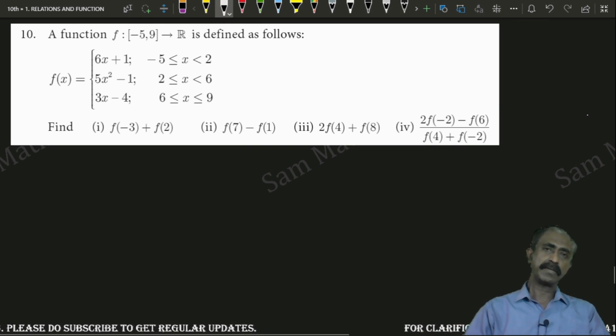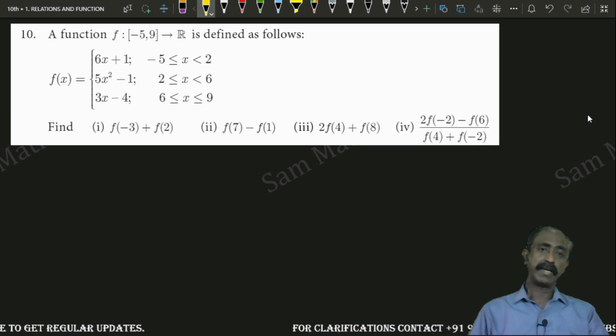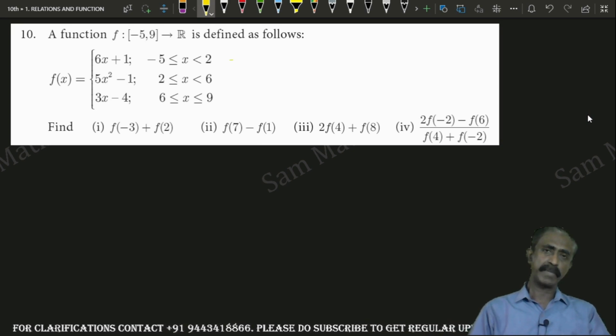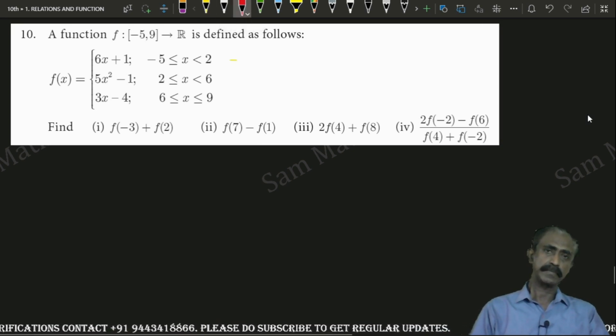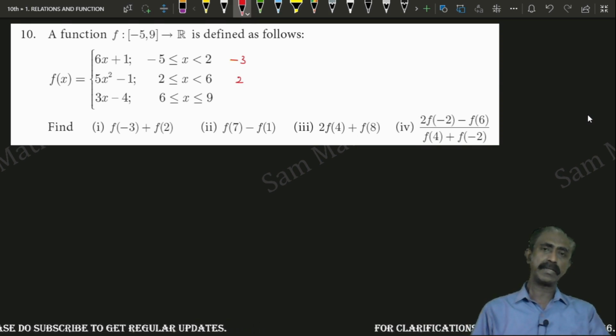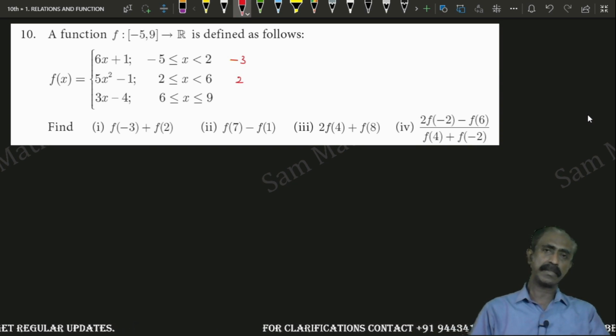Now, I am just going to indicate where the required values are situated. For the first one, I need f of minus 3. Minus 3 is in the first interval. 2 is in the second interval. Then second part we need f of 7. 7 is in the third interval.